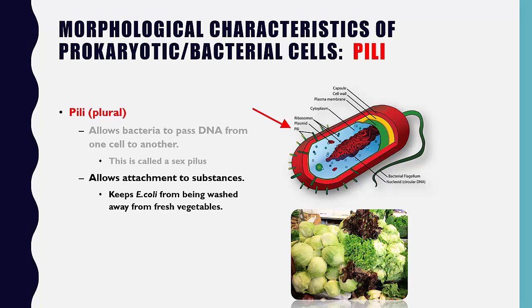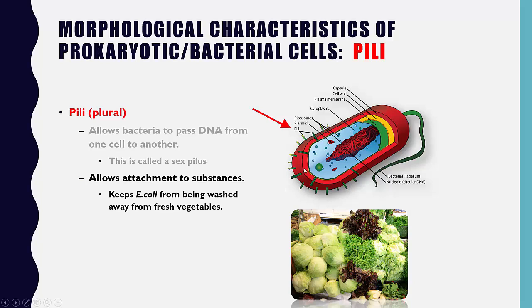So when E. coli is in water and the water is used to wash vegetables or to water the plants when they're in the ground, well, E. coli has pili and it can very easily attach to the vegetables. And believe me, they will hold on very well.